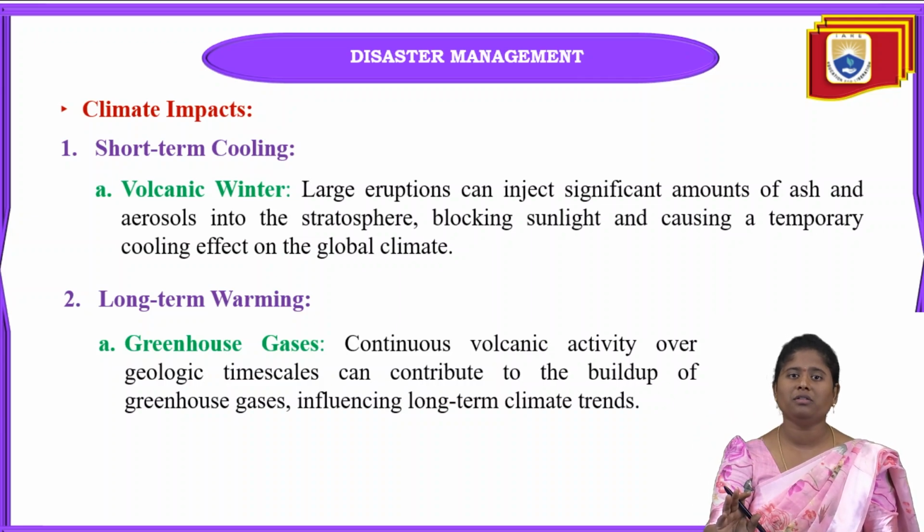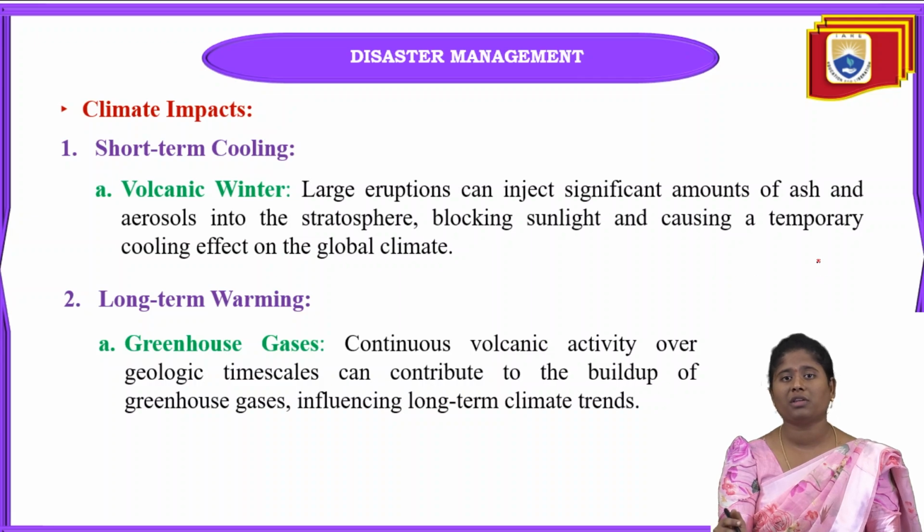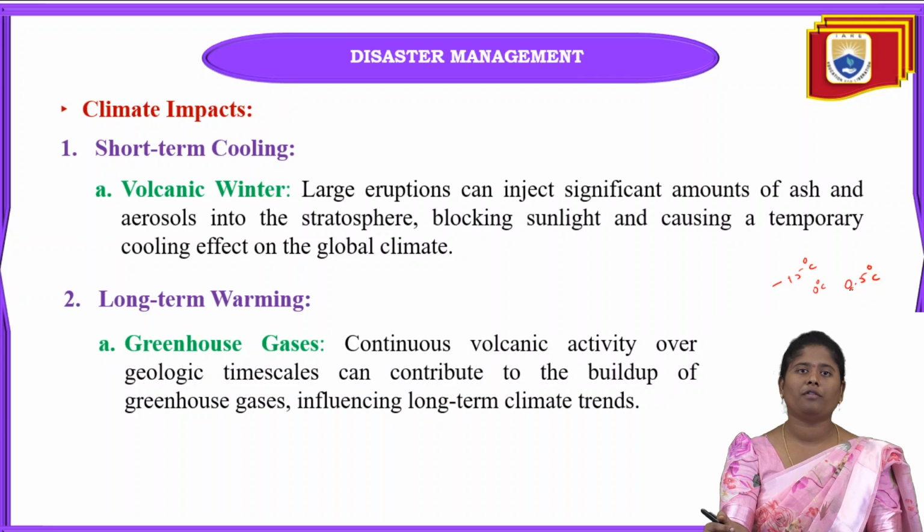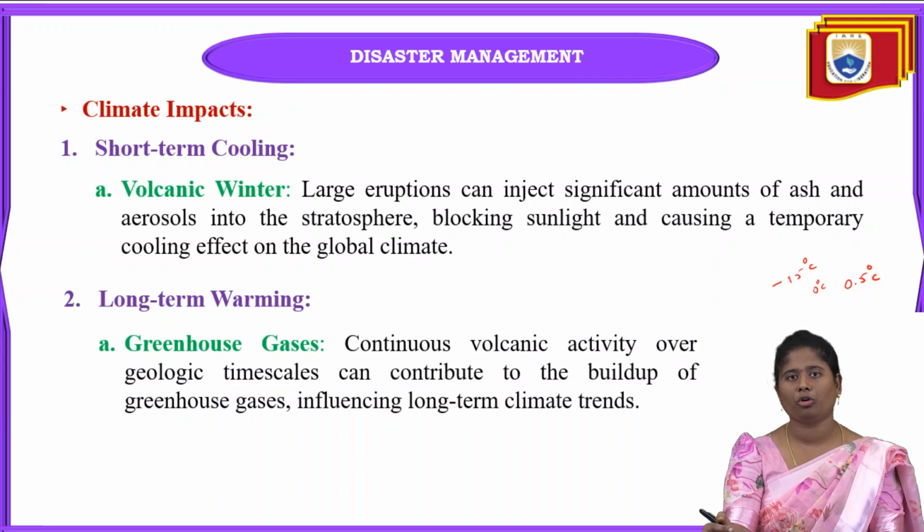That is the function of these aerosols, and that will cause a temporary cooling effect. As I already told you, in some areas the temperature can drop as much as minus 15 degrees, and in some regions it will be 0 degrees or 0.5 degrees. This happens because of these aerosols only.